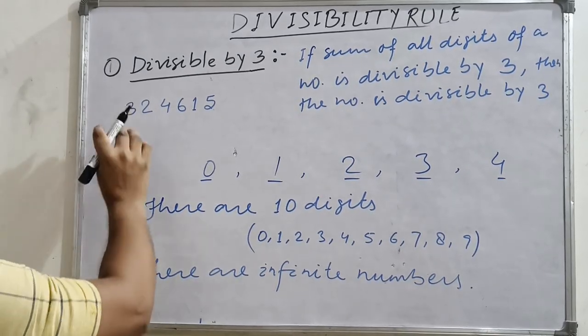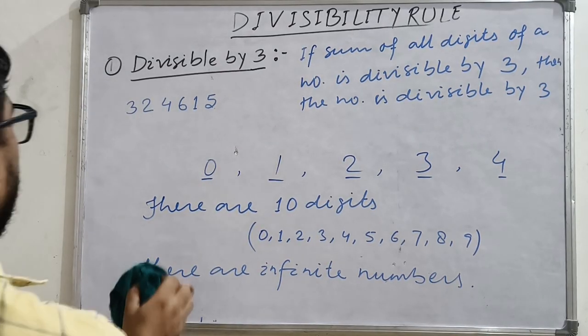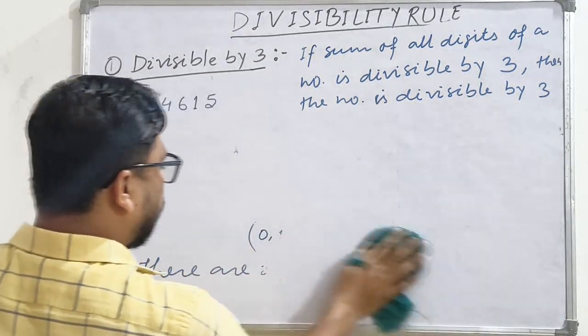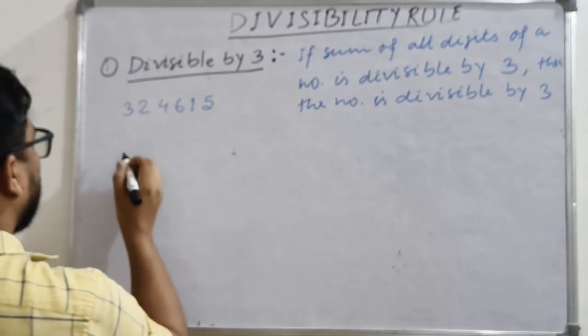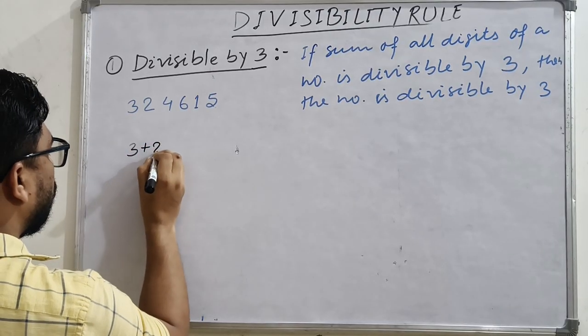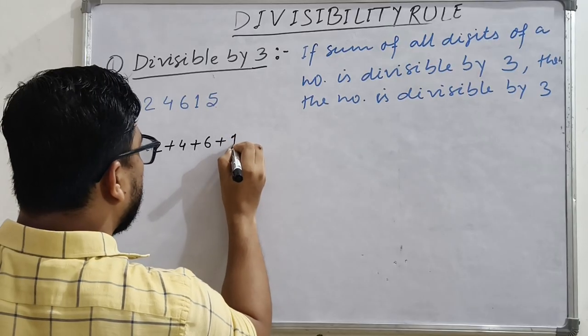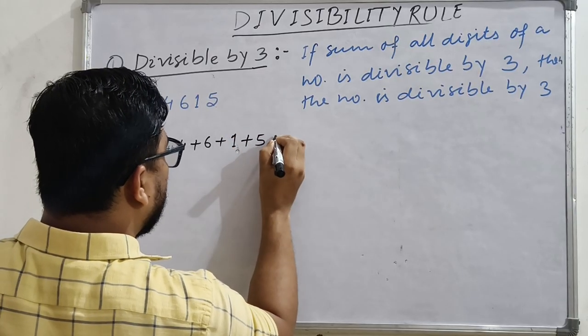Now I am going to add all these digits. See here. 3 plus 2 plus 4 plus 6 plus 1 plus 5.